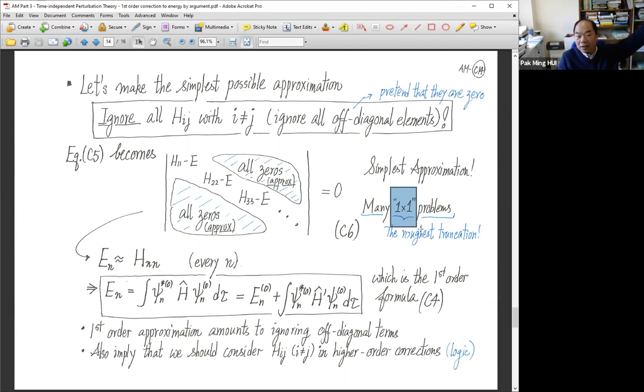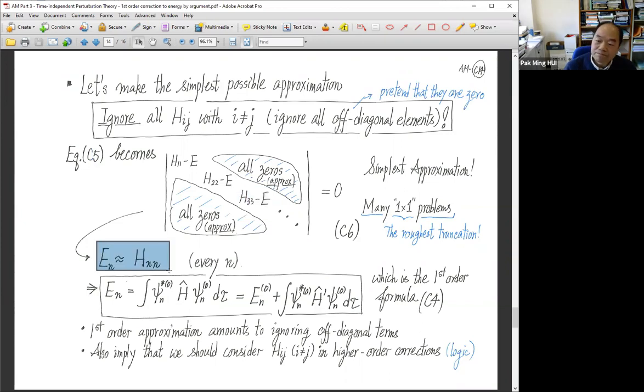And then the determinant will be diagonal multiplied, diagonal multiplied, diagonal, and then equals 0, right? So one term equals 0 will be the solution. Okay? So suddenly you ignore everything and only focus on the diagonal terms one by one. For example, HNN equals EN.